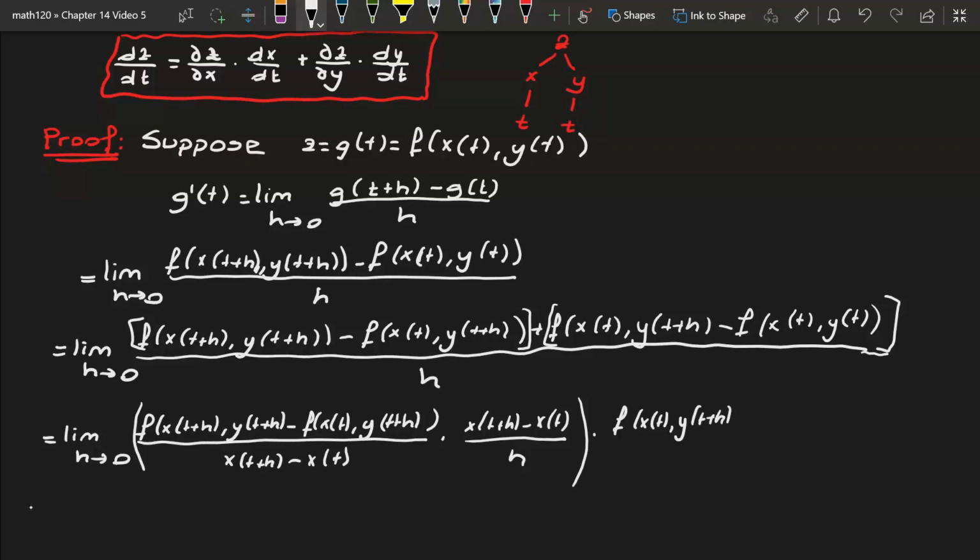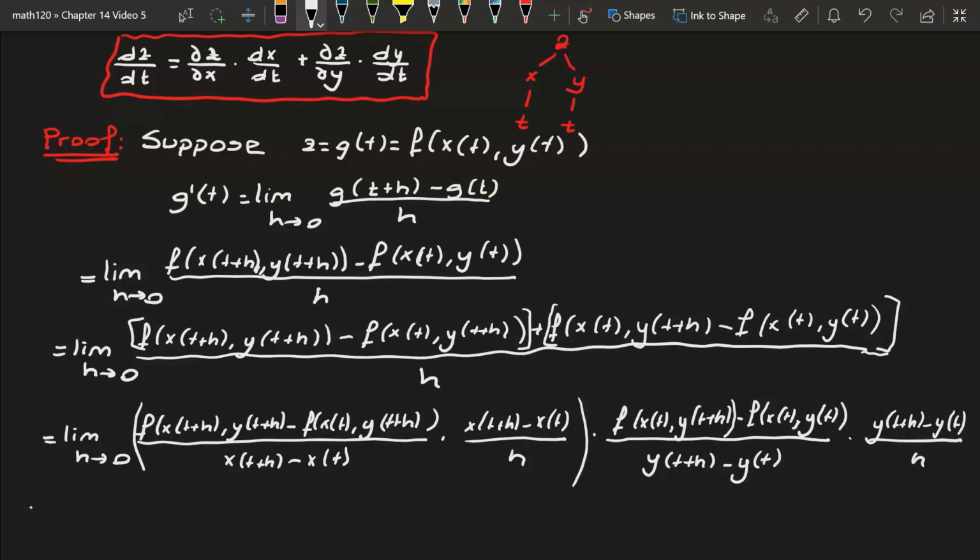After writing, I will explain what I did one more time. f of x of t, y of t over, here I need one more parenthesis, over y of t plus h minus y of t, times y of t plus h minus y of t over h.